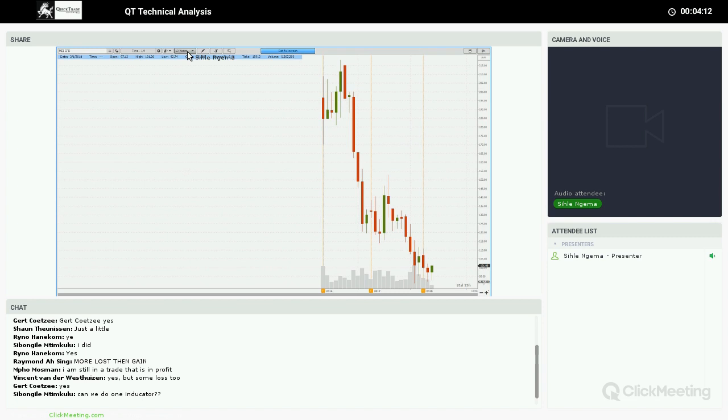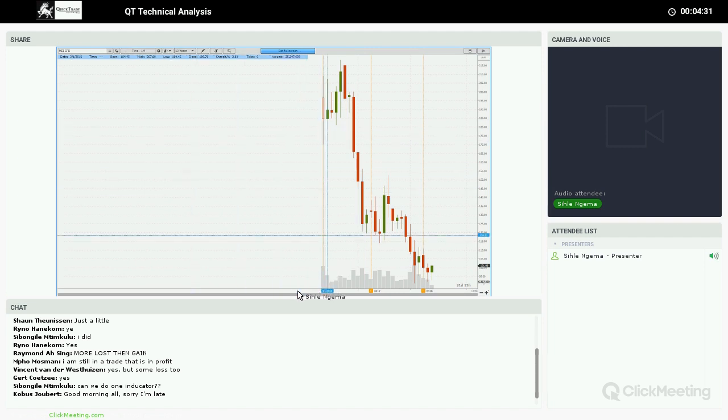If you do not use that particular indicator, then it basically messes up how you're supposed to screen and look at the chart itself. So we're going to start with the candlestick.